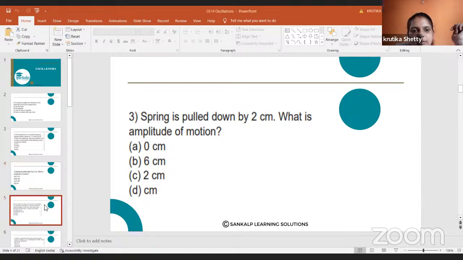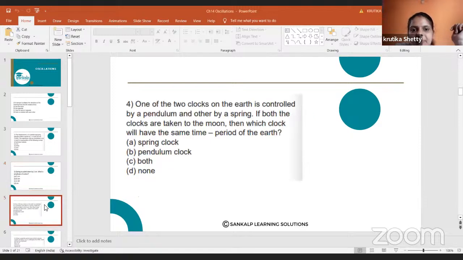So next question. Two clocks on Earth, one is controlled by a pendulum and the other by a spring. If both the clocks are taken to the moon, then which clock will have the same time period as on Earth?